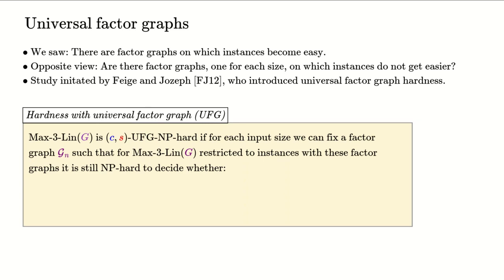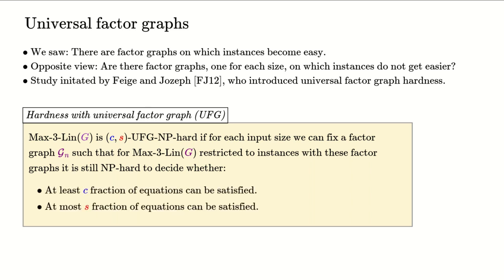Max-3-Lin over G is (C, S) UFG NP-hard if for each instance size we can fix a factor graph Gn such that for Max-3-Lin over G, restricted to instances with these factor graphs, it is still NP-hard to decide whether at least C fraction of equations can be satisfied, or at most S fraction of equations can be satisfied. Observe that the first point corresponds to completeness, while the second point corresponds to soundness.